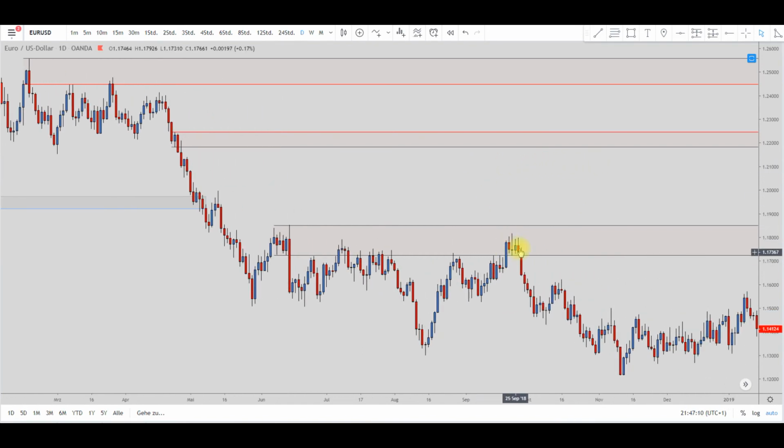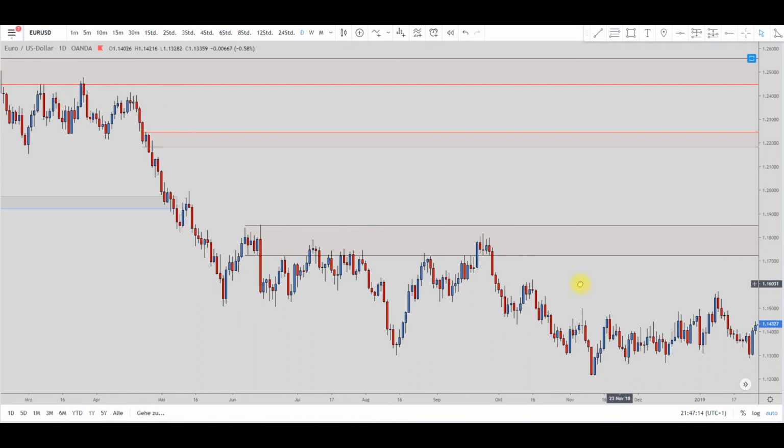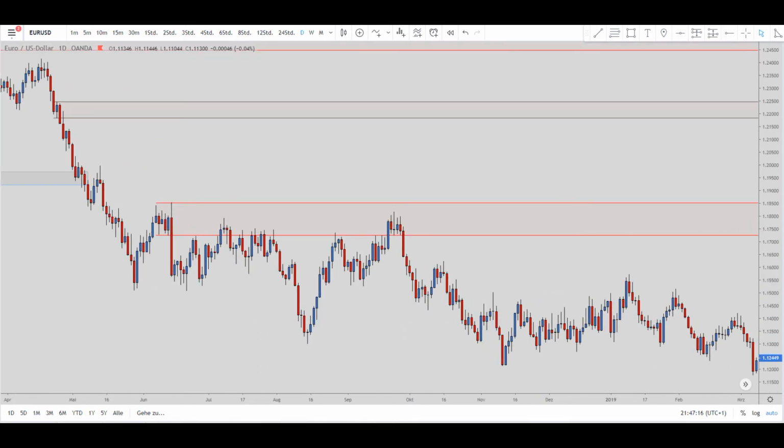Last test we built a little base, came down, created a fresh level of supply in here, which was tested immediately and further on in 2019.